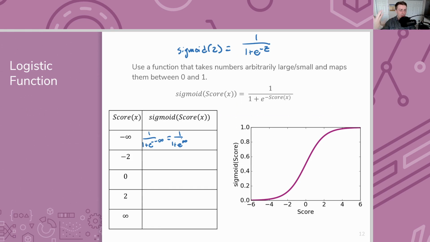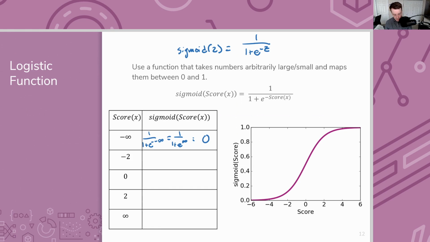That's going to get really, really large. And since the denominator is going towards infinity, the whole fraction is going to go to 0. So when the input you give it is negative infinity, this equation works out to be 0. That's part of the reason why there's that negative in there.